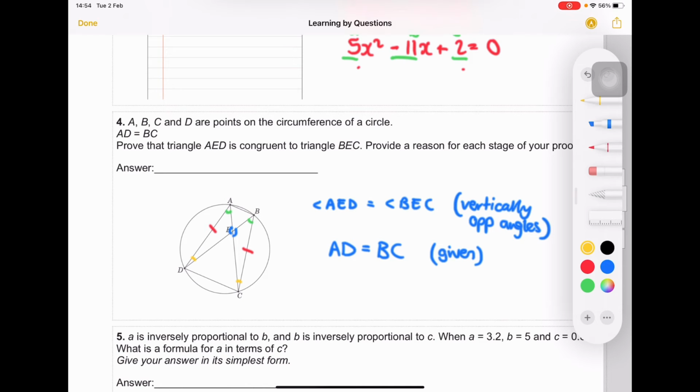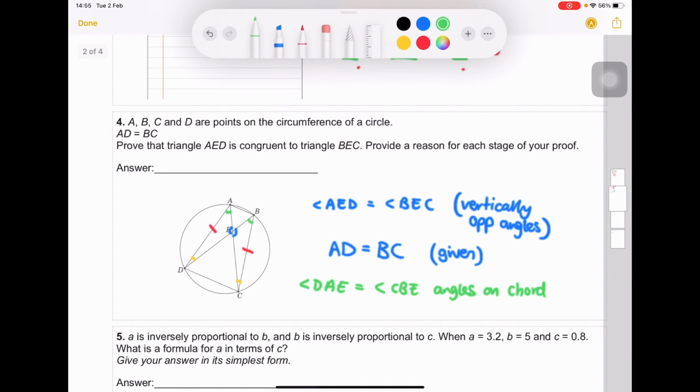So I can write angle DAE equals angle CBE. Angles on chord are equal.